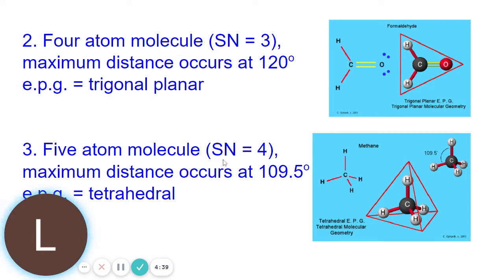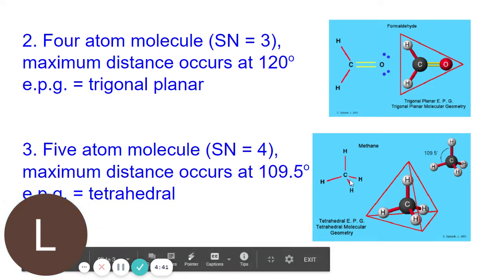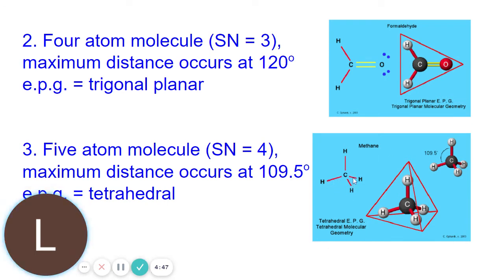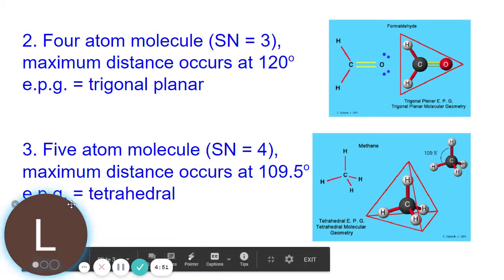Steric number 4, again, that just means 4 things coming off of the central atom. Here with our methane example, we can see it has 1, 2, 3, 4 bonds, 4 single bonds. We call that tetrahedral, so the electron pair geometry is tetrahedral. And you can see in this picture here with the pyramid, we have 1 going up and then 3 going down.